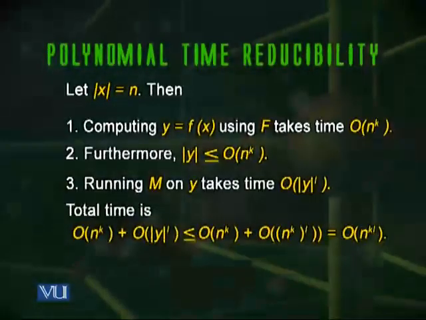So how much is the total time? Let's estimate it in terms of n. The total time is order n to the k plus order length of y to the L, which is less than or equal to order n to the k and order n to the k whole to the power L. That's because we have an estimate on the length of y. And this all can be estimated by order n to the kL.